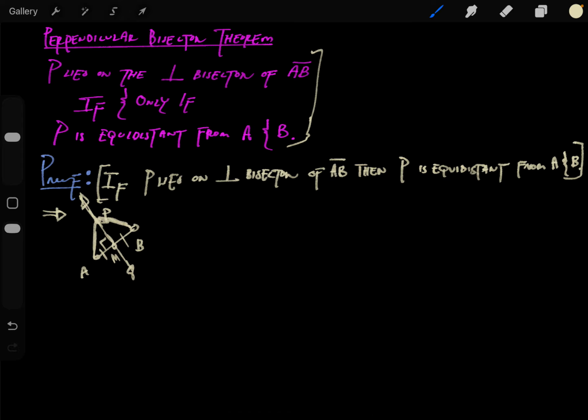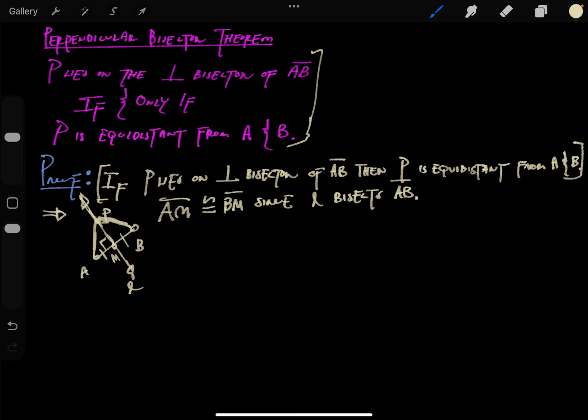Okay, so let's start with this. Let's see what we've got here. AM is congruent to BM since M is the midpoint, or since L bisects AB.